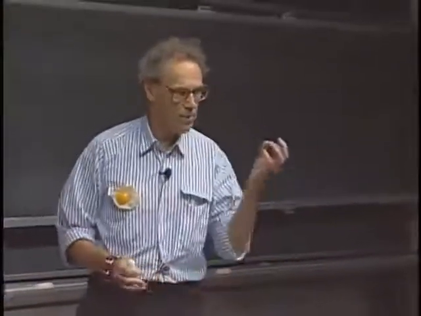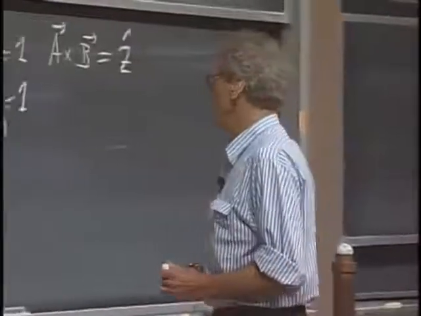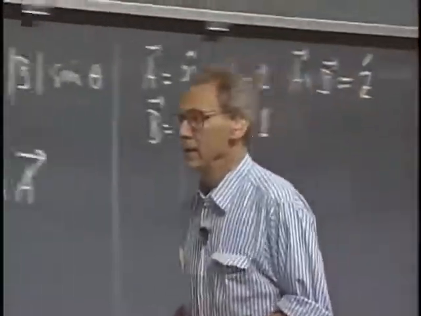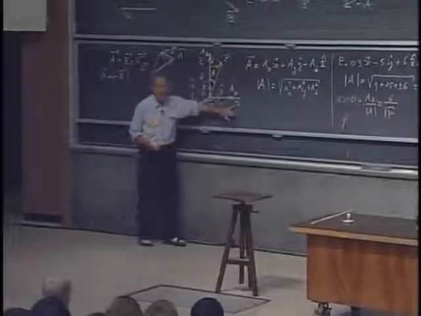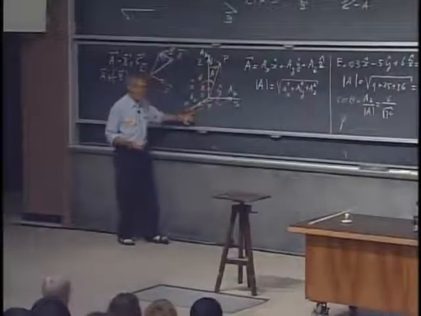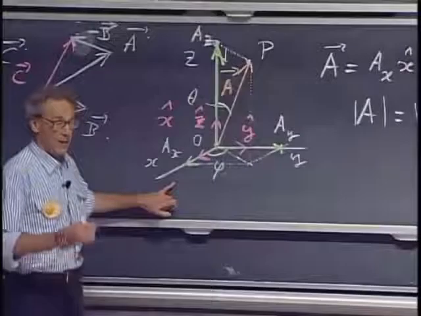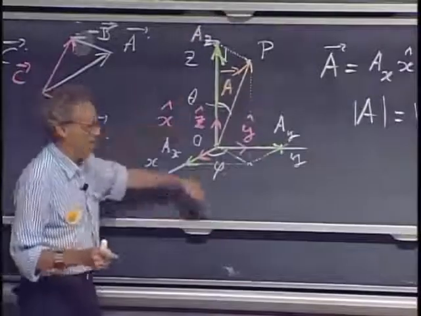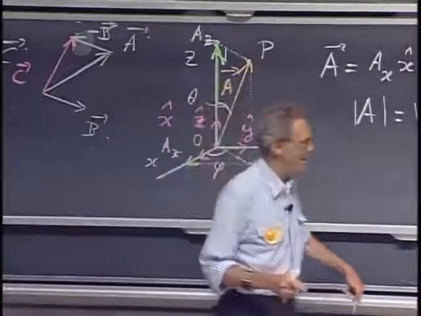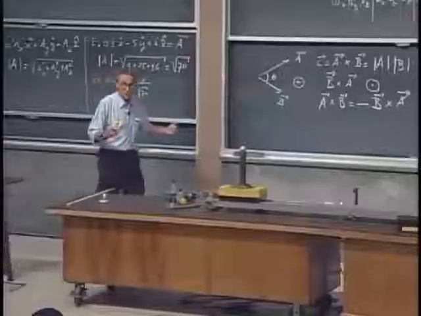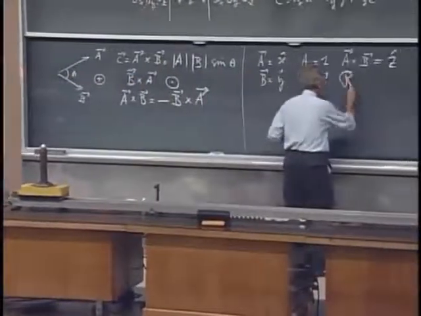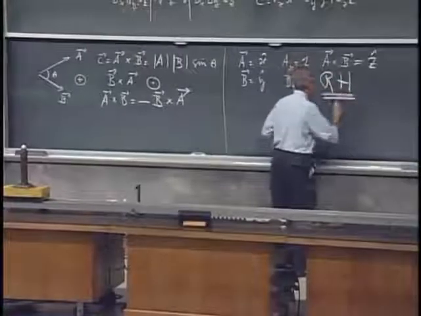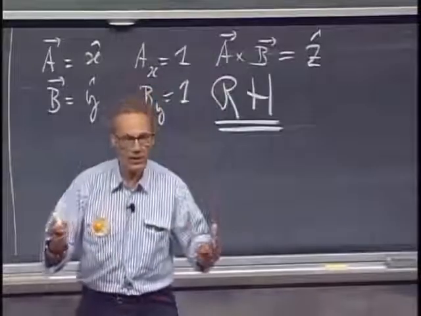Now, if you are very smart, you may say, aha, you find plus z only because you have used this coordinate system. If this axis had been x and this one had been y, then the cross product of x and y would be in the minus z direction. Yeah, you're right. But if you ever do that, I will kill you. You will always have to work with what we call a right-handed coordinate system.